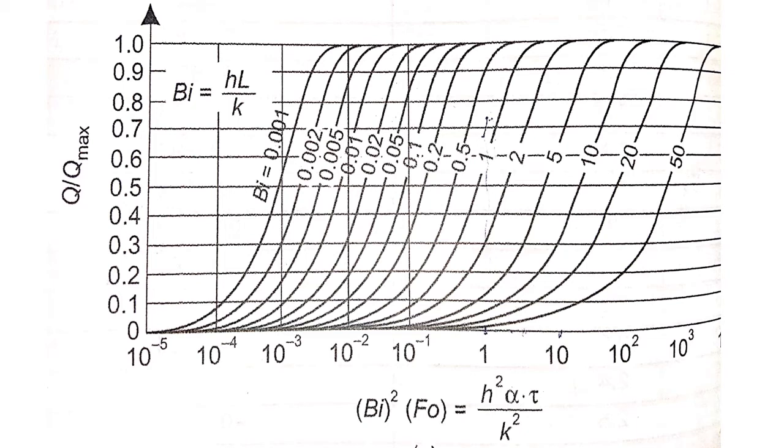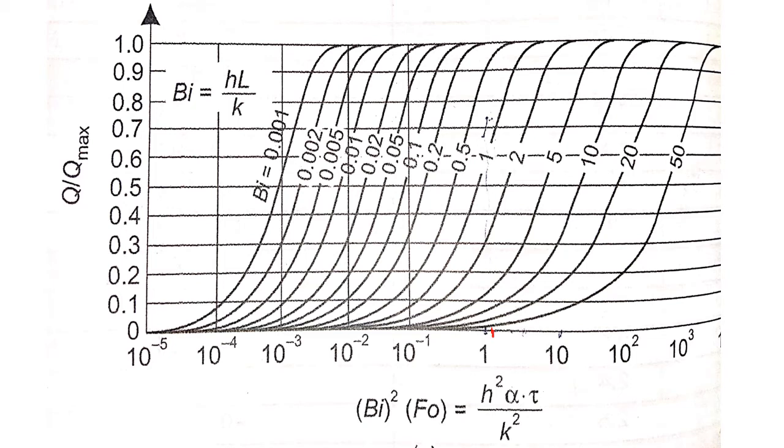Here it is from 1 to 10, so 1.457 will be somewhere here. Let me mark it here.